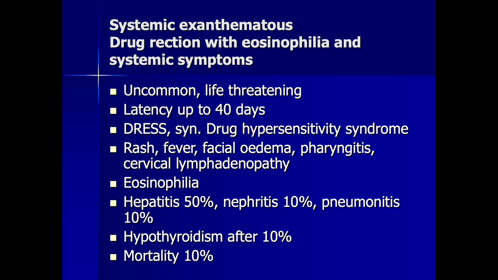A small amount of individuals get pneumonitis and nephritis. Very commonly, when the eruption resolves, there may be hypothyroidism, so there may be destruction of the thyroid during the course of the illness. Now, DRESS does have a mortality of about 10%.